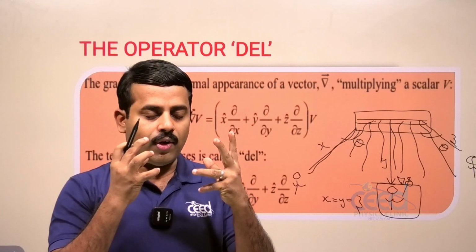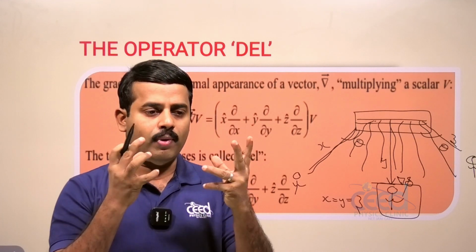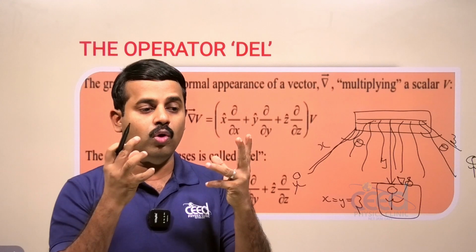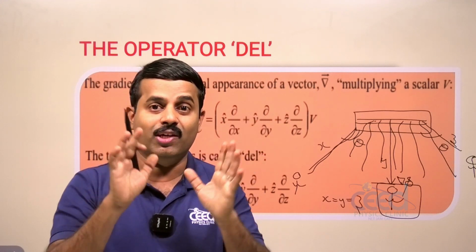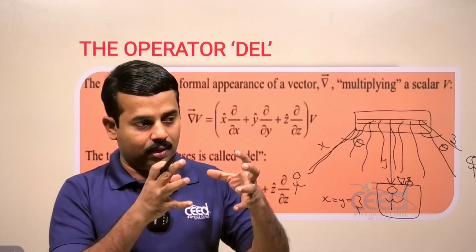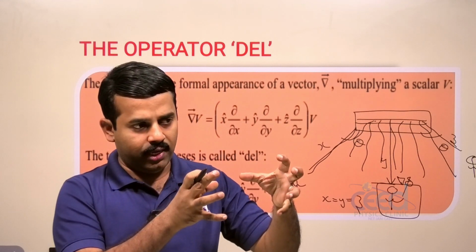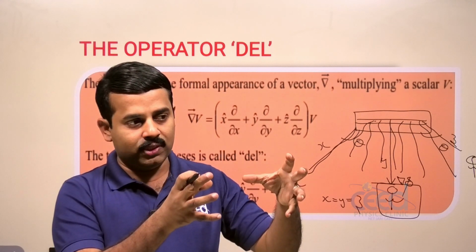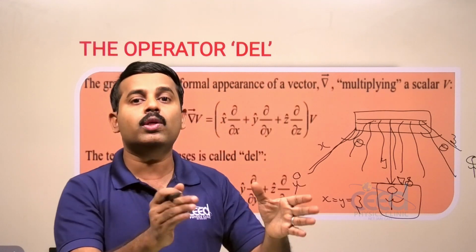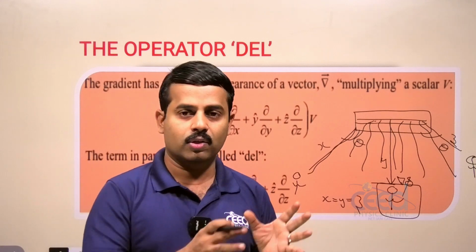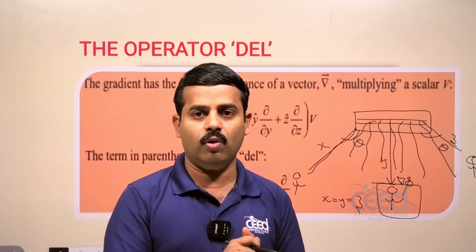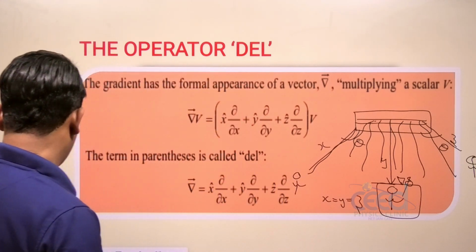Because gradient phi represents the normal to the surface, and this direction also gives the maximum rate of change of the physical quantity. So for a function phi, its maximum rate of change happens normal to that surface. That is also one important thing you should know about this concept.